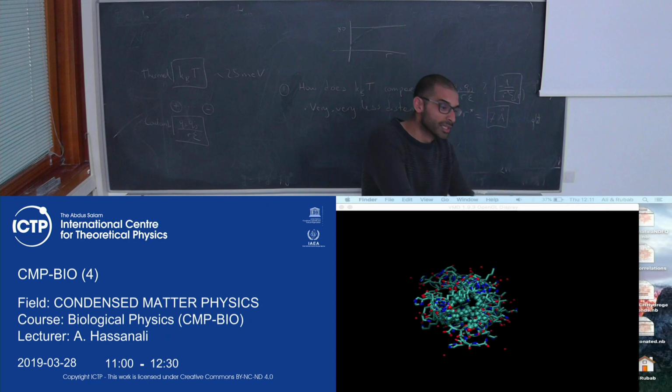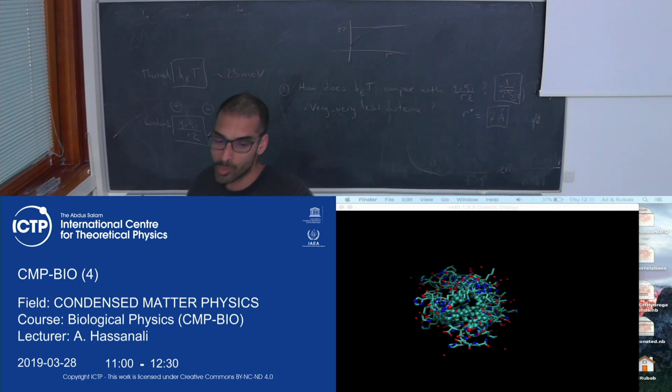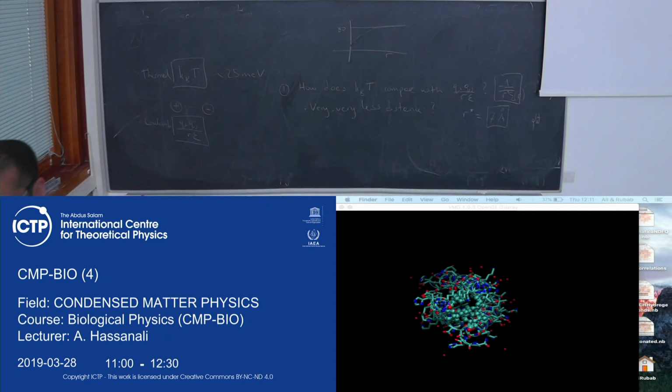Or it can convert electrostatic energy into mechanical work at these length scales. Okay, so the two are consistent. This is an important thing to keep in mind.